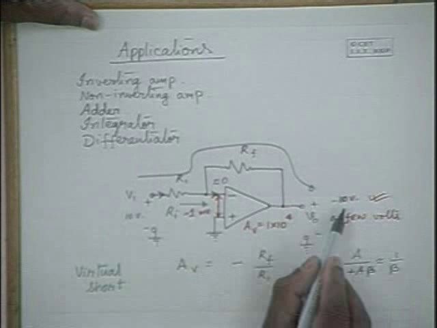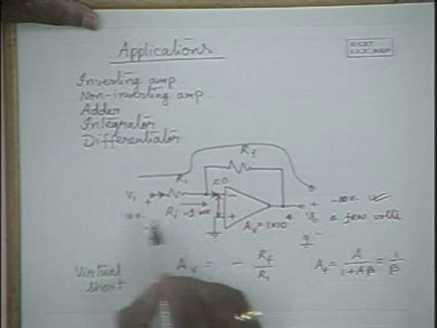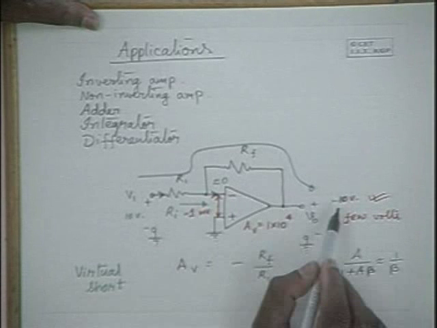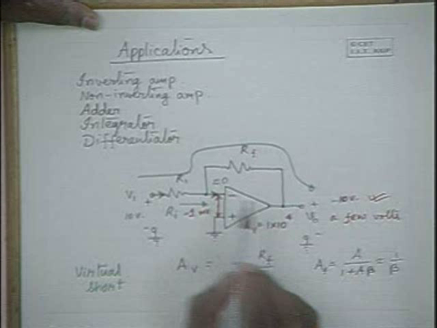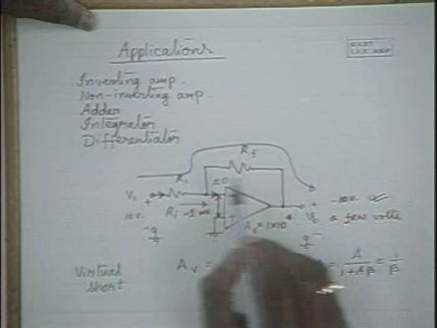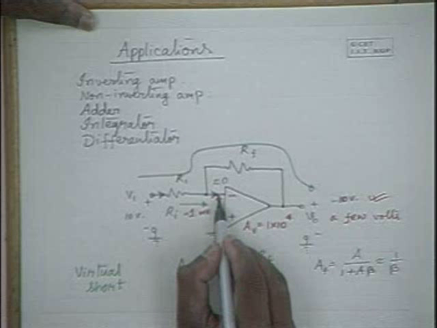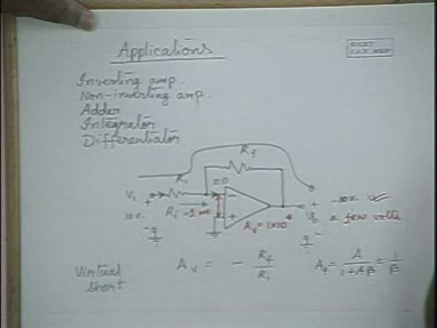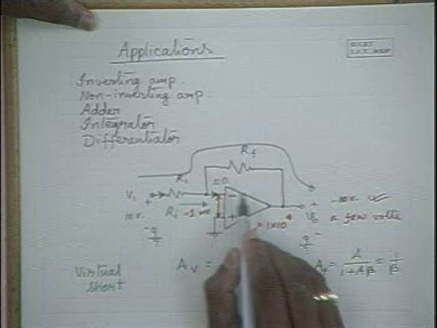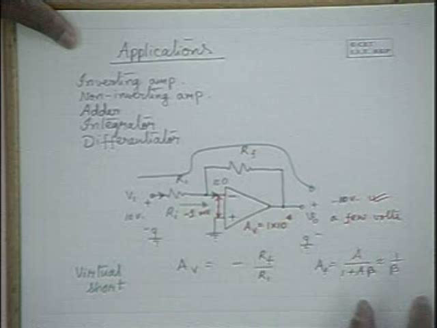So from 10 volts, it will flow to minus 10 volts, and the 20 volts gets dropped across R1 and RF. And in doing so, this drop will make it equivalent to almost the ground potential, so that in spite of high gain, you will get a reasonable output voltage.